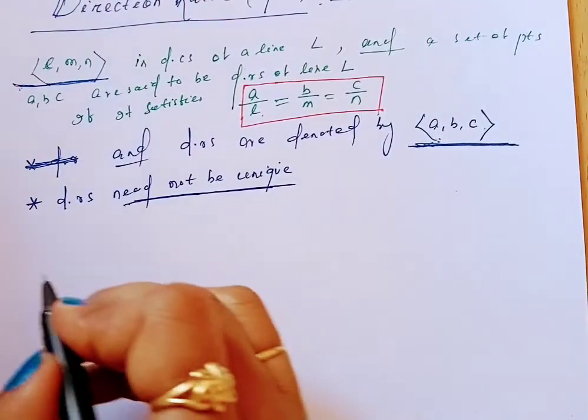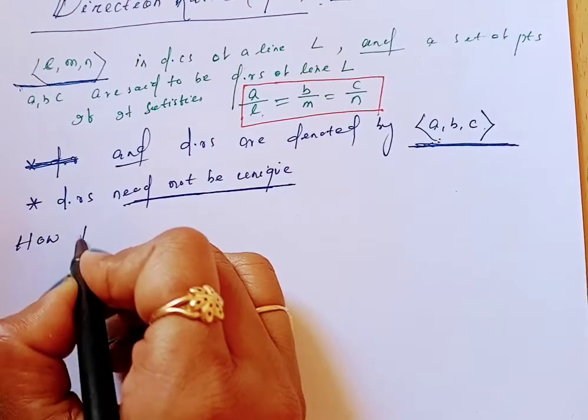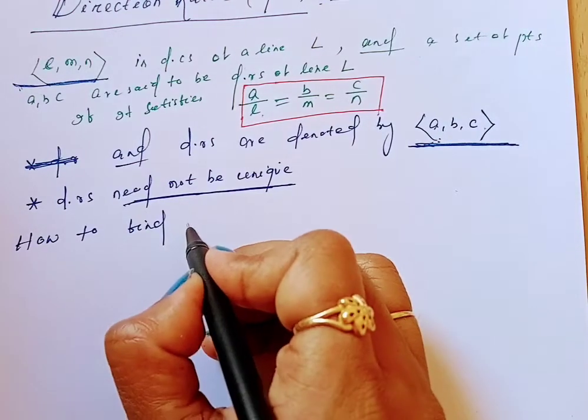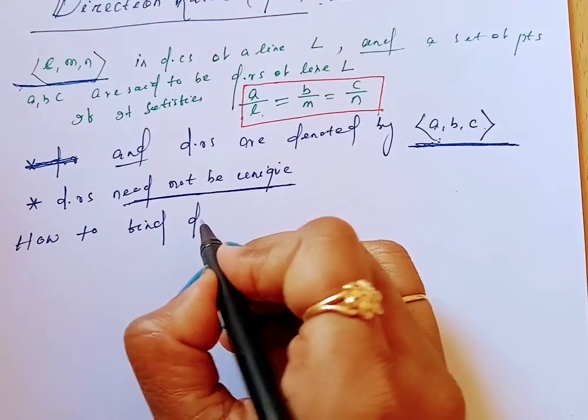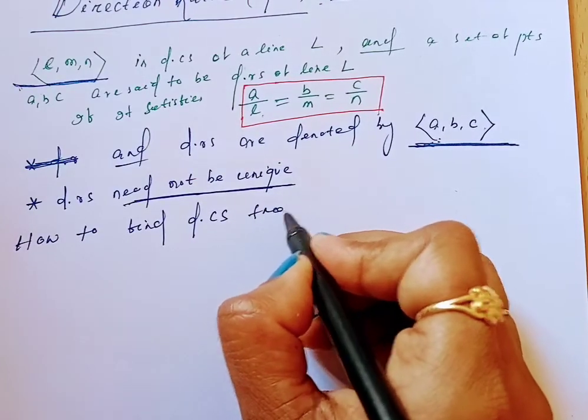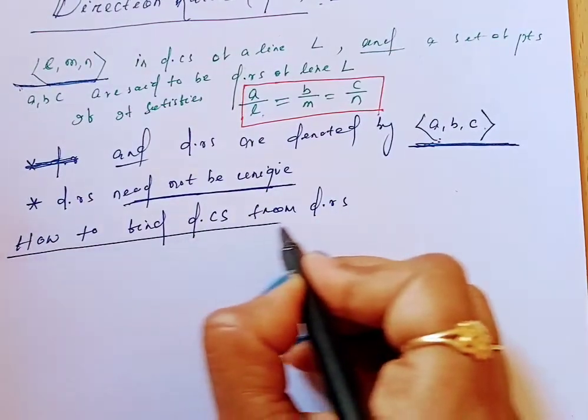Then another important fact: how to find direction cosines from direction ratios. Let's see.